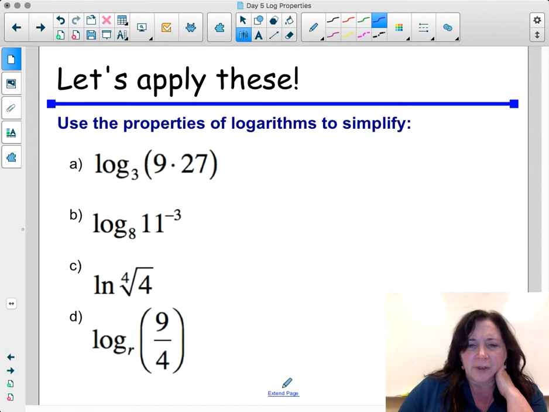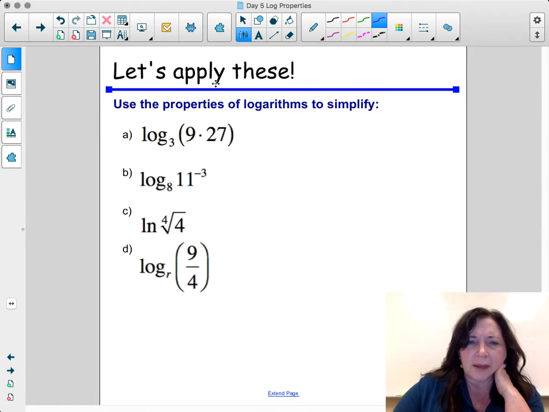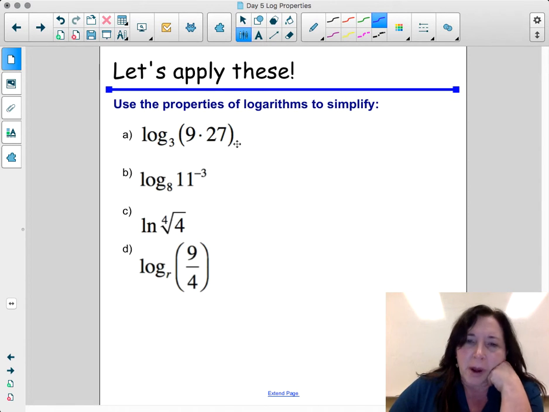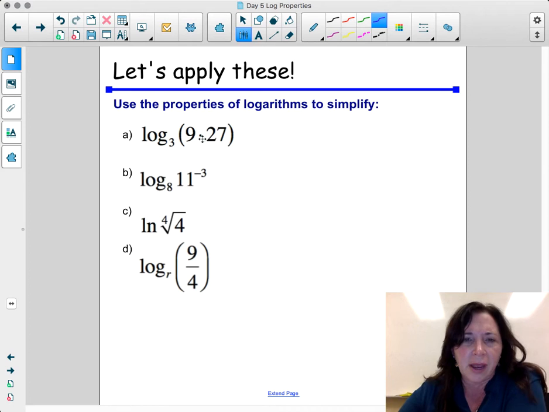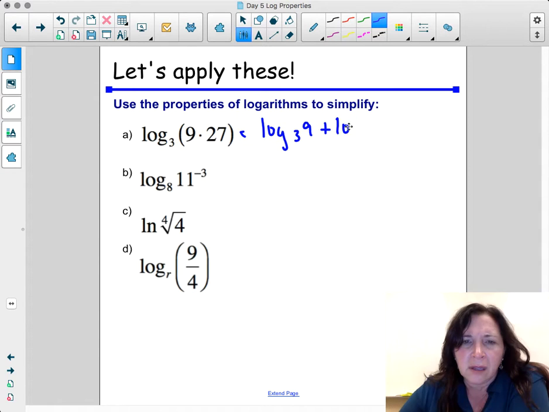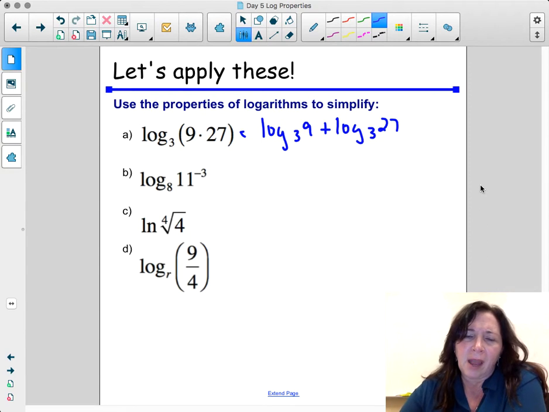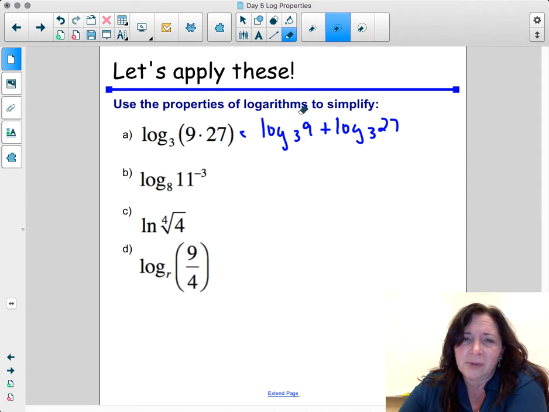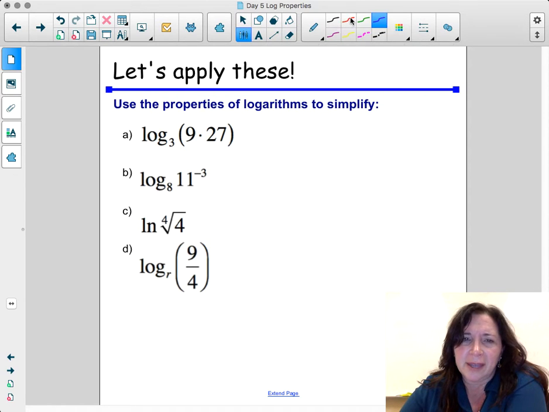So we have a few problems here just to try to rewrite. We're not going to rewrite them too much, but we're going to just use properties of logarithms to simplify. We would get log base 3 of 9 plus log base 3 of 27, and then you would be done. However, this actually isn't even completely simplified. So let's go back and say, how many 3's do we actually have?